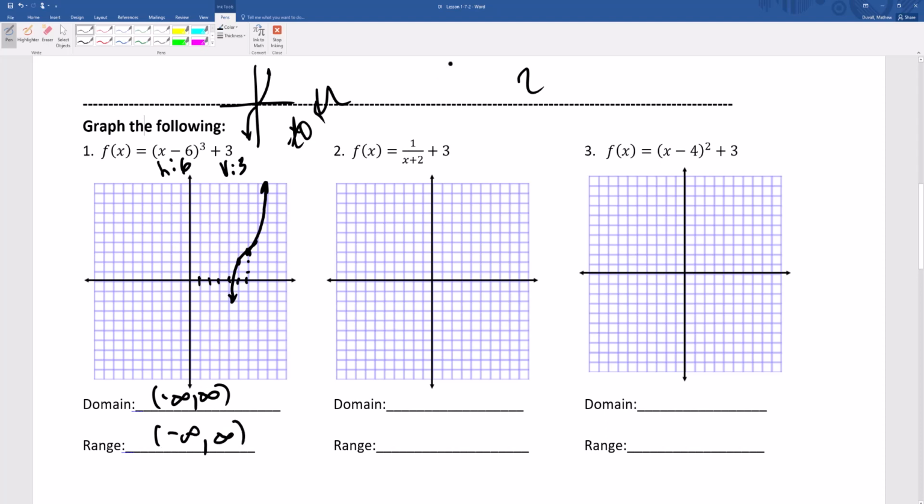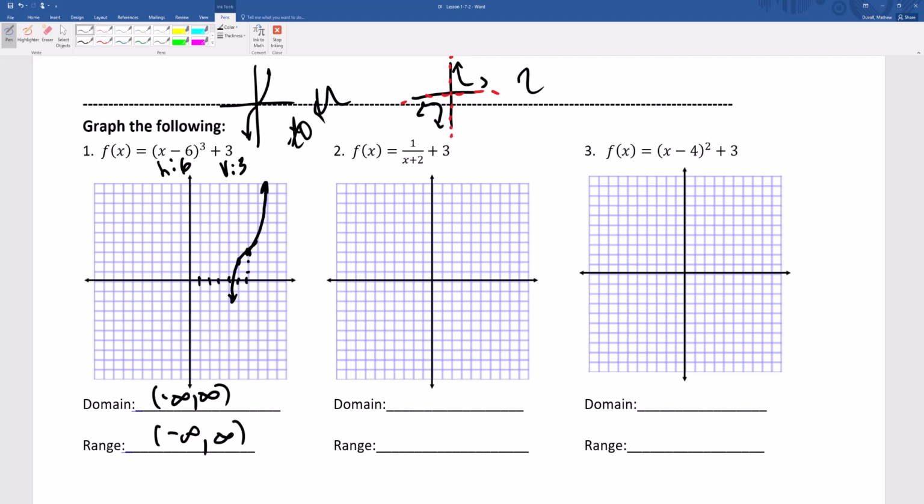Now, for this one, my parent graph, remember it's rational, so it has that shape, and the asymptotes are at 0 and 0. Vertical asymptote 0, horizontal asymptote at 0. And the horizontal and vertical shift moves those asymptotes.